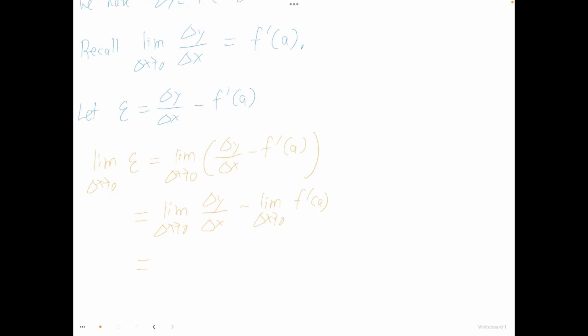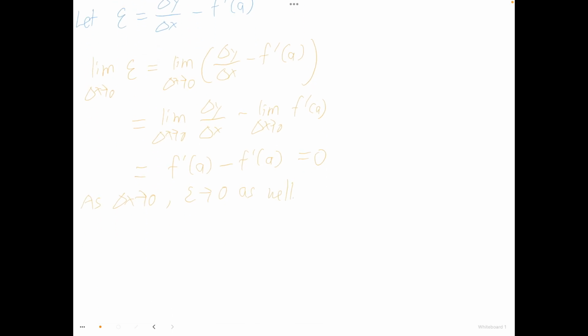Now, we already said that the limit as delta x goes to 0 of delta y over delta x is just f prime of a. So this is f prime of a minus f prime of a, which is a constant. That's the derivative at a point, so it's still f prime of a. So we get 0. In other words, as delta x goes to 0, epsilon goes to 0 as well. We've defined this function epsilon that has the property that as delta x goes to 0, it also goes to 0.